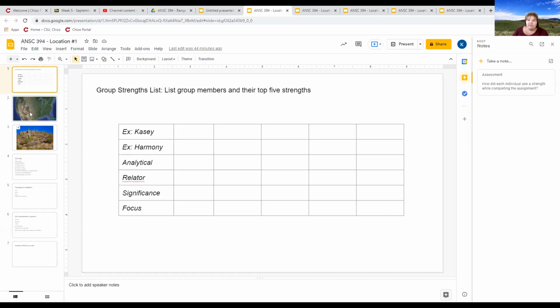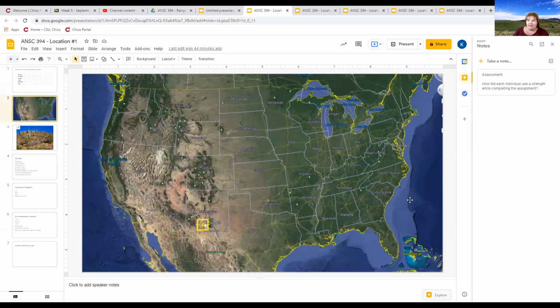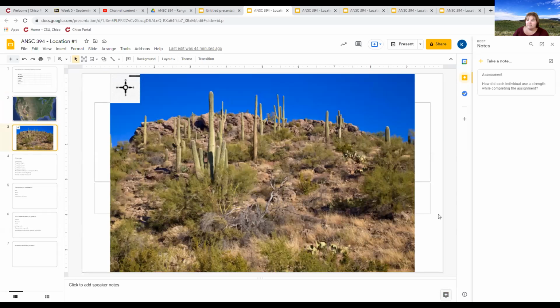As we move into the activity, each group is going to get a unique individual location in the continental US. The first slide is going to show you where it's at from a geographic standpoint. The second slide is going to show you what the rangeland actually looks like at that location.